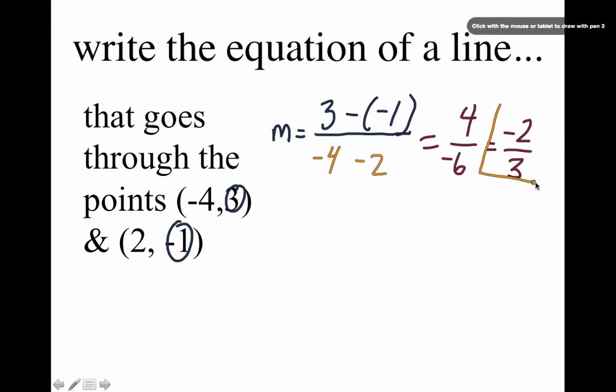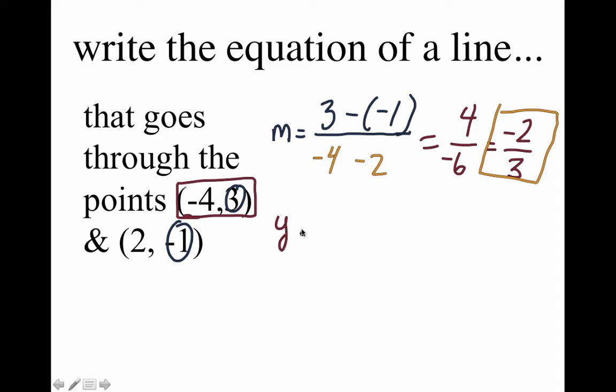Now, I have a slope of negative 2/3, and I need a point. Well, I've got 2 points to choose from. I'm going to pick this one just because I wanted to. Doesn't matter which one you pick. So now, point slope form: y minus the y-coordinate equals the slope times x minus the x-coordinate.